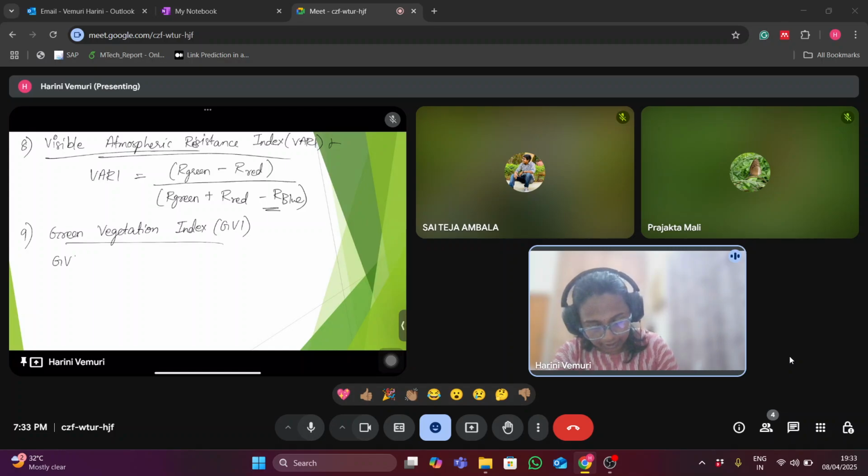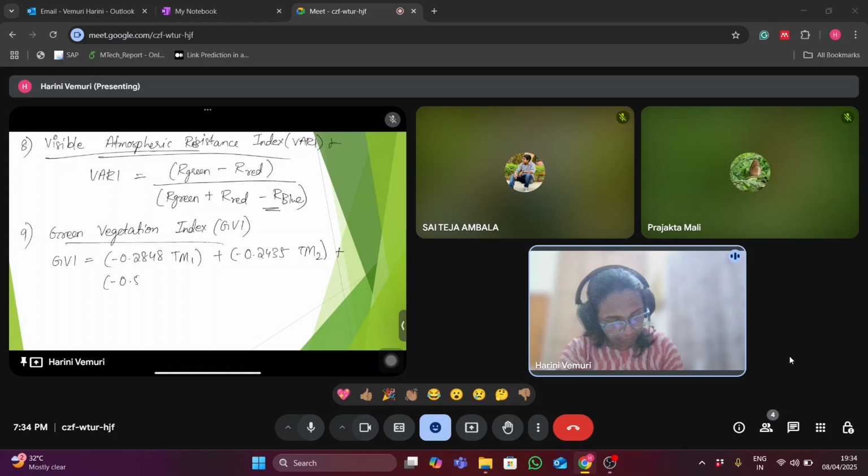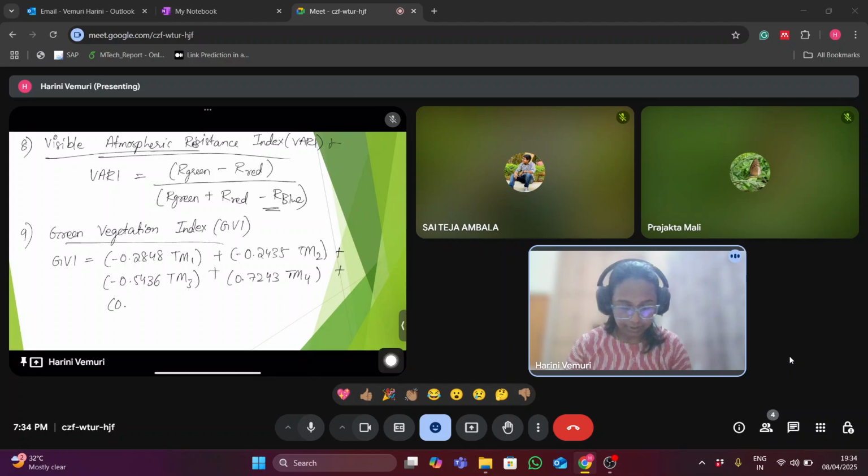So GVI is calculated as minus 0.2848 TM1 plus minus 0.2435 into TM2 plus minus 0.5436 into TM3 plus 0.7243 into TM4 plus 0.0840 into TM5 plus minus 0.1800 into TM6, where these TM1 to 6 can be obtained from Landsat TM bands or ETM plus and Landsat 8.